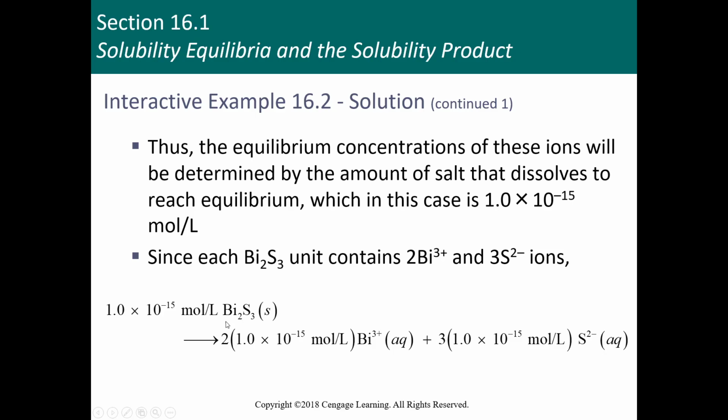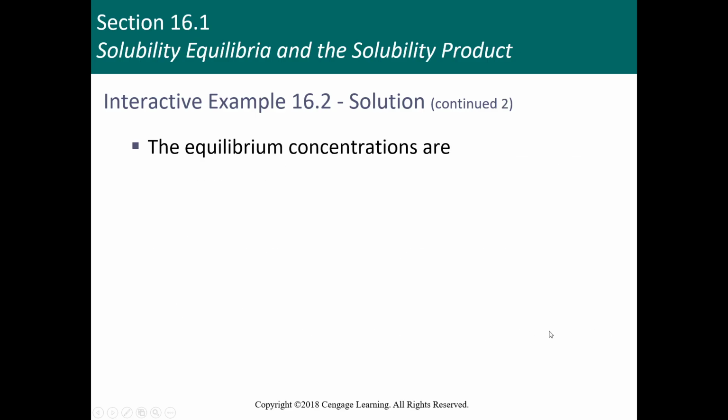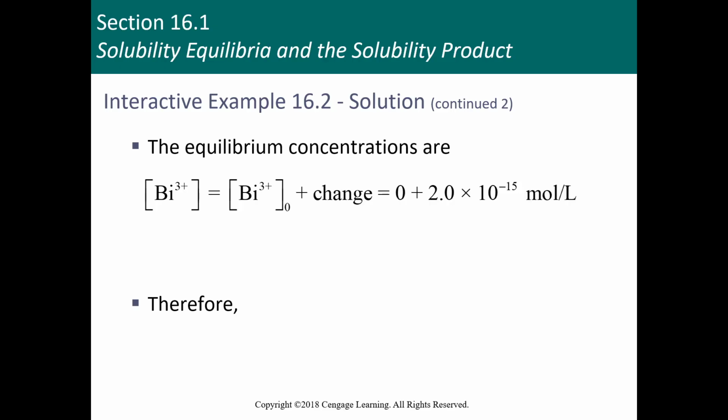So that means that, because every one of these you have 2 Bi's, you are going to get 2 times 10 to the negative 15. The S's, there's 3 of those for every one of these, and so you're going to make 3 times that number right here. And so that is 3 times 10 to the negative 15 molarity for the sulfide concentration. Those will be your equilibrium concentrations.